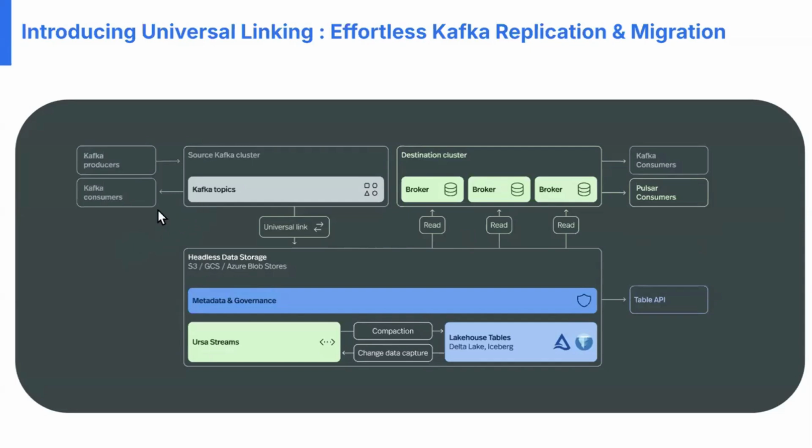This is really the aspect I want to highlight one more time before I move on. So again, here for the two use cases I was talking about, the real-time data lakehouse and the Kafka replication or migration use case, right? In the real-time data lakehouse, you have your source cluster, keep it on, do not disturb it. You don't have to decommission it.